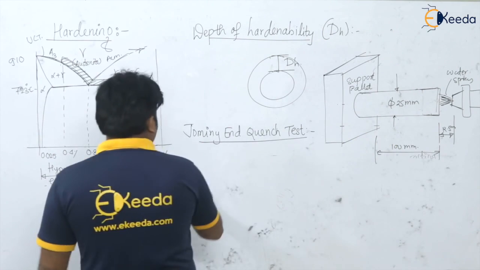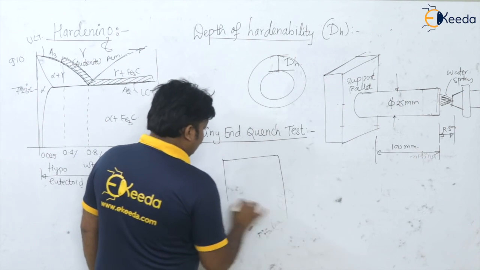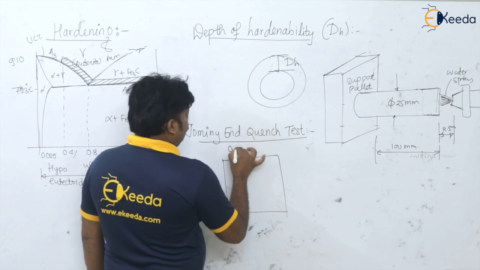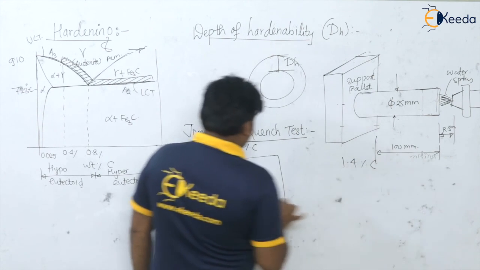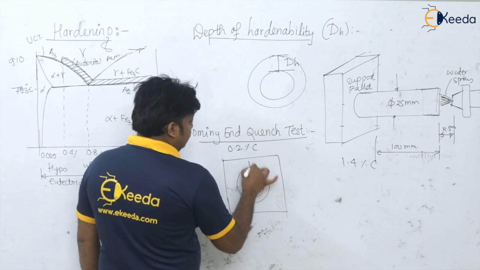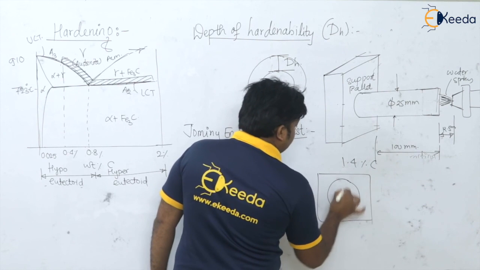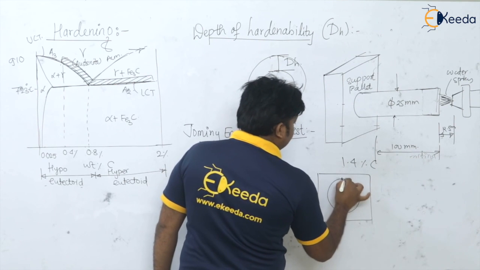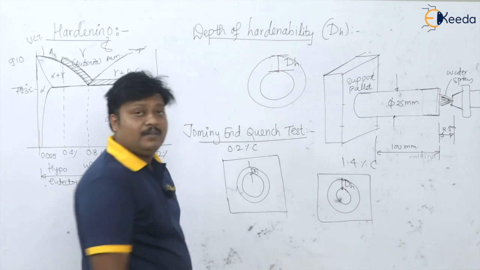Now if you see, definitely as the percentage of carbon changes, if I am having the Jominy end quench test for 0.2% carbon and, say, for 1.4% carbon, in low carbon steels this depth of hardenability, this DH, is less, and for high carbon steels we get the maximum or highest depth of hardenability.